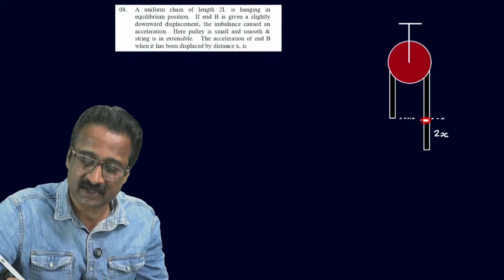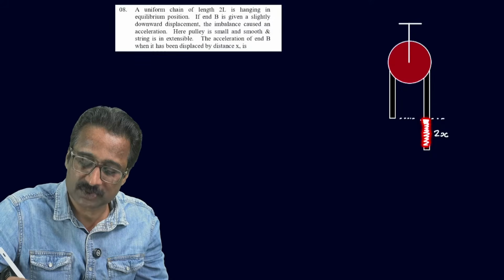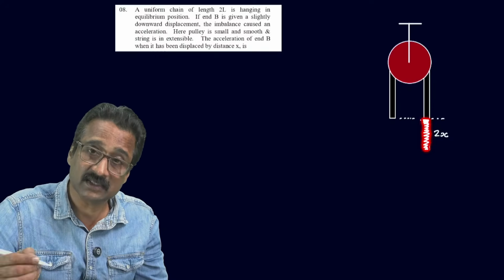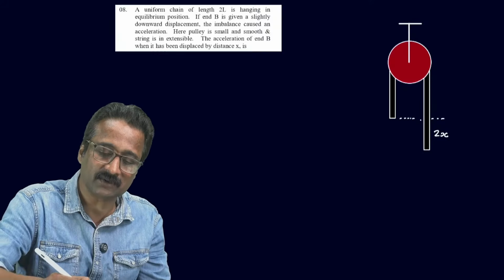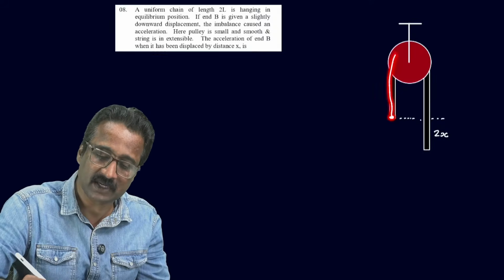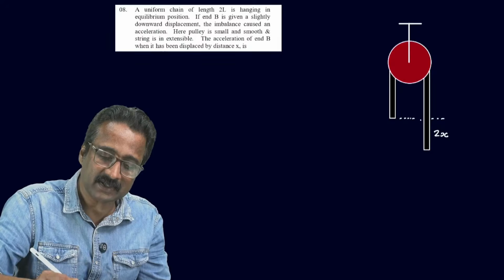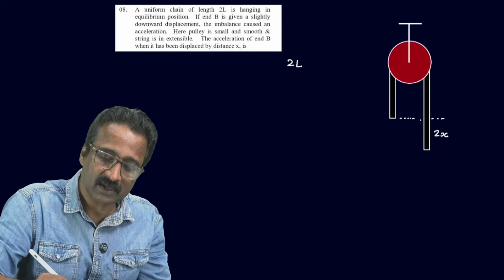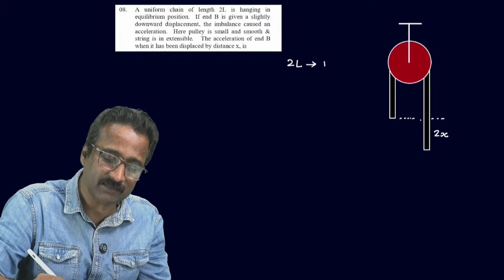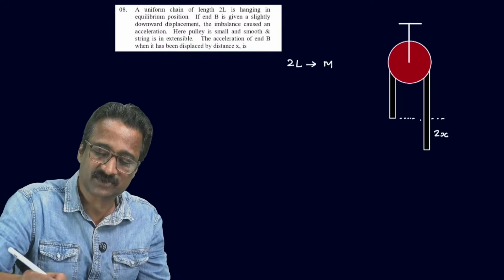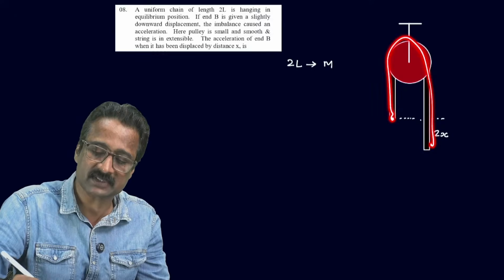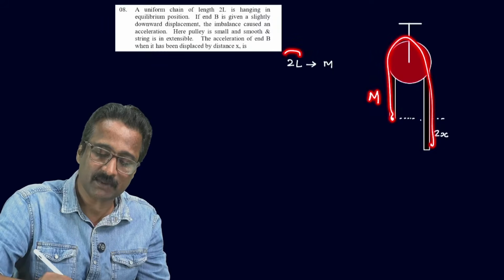I'm just finding the mass of this portion. They say that the total length of the chain is given to be 2L. Length 2L, mass M. Let us say M is the mass of the whole string. The total mass of this string is capital M.